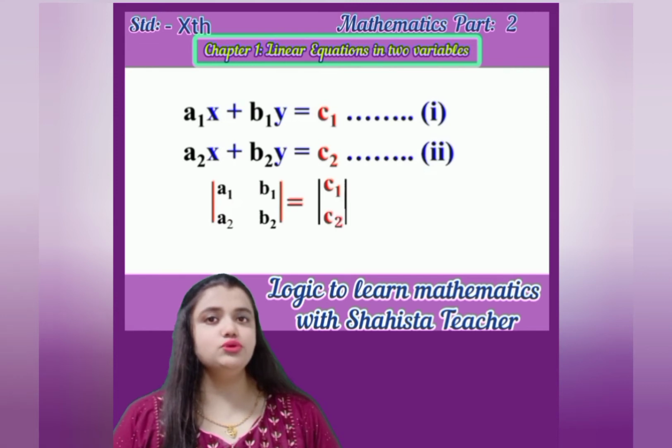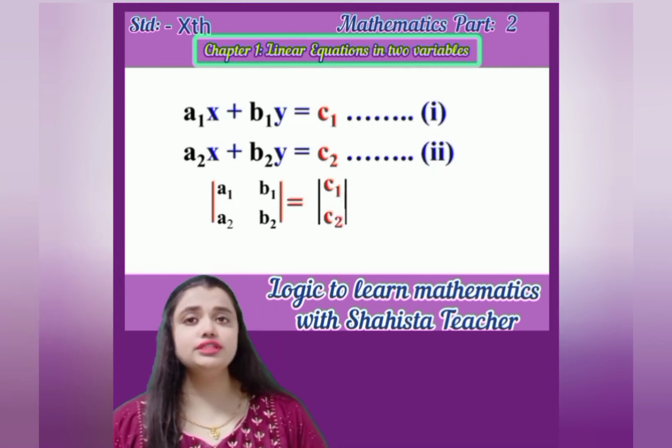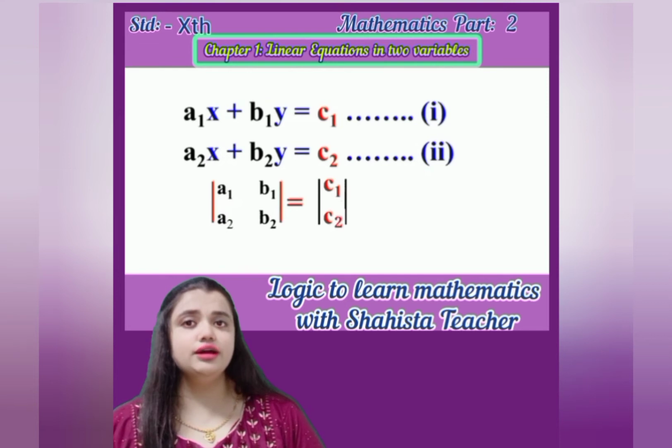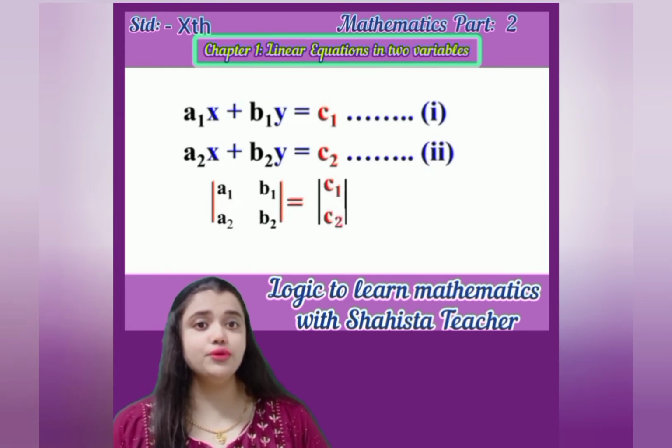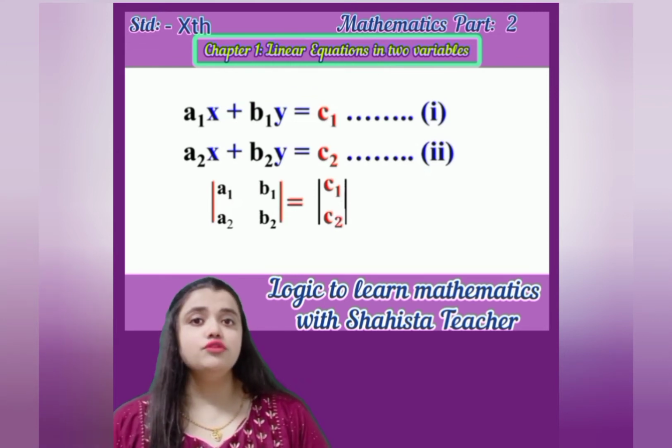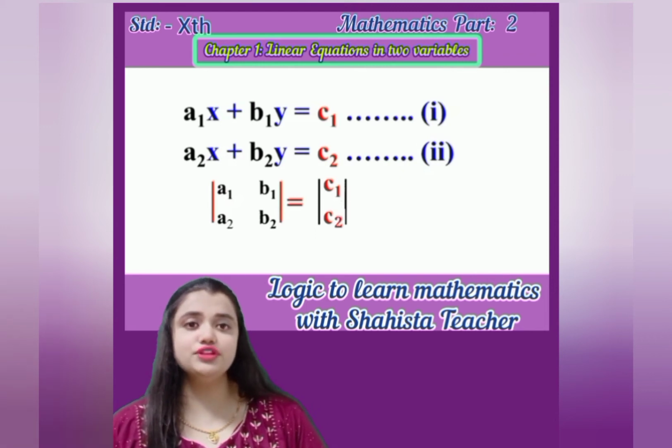So this is a determinant with c1 and c2. Now you will be able to see here a1 and a2, b1, b2, c1, c2. So columns and rows you will be able to see here. So now we have to solve this as an equation. On the basis of this we will solve practice set 1.3 question number 1 and question number 2.